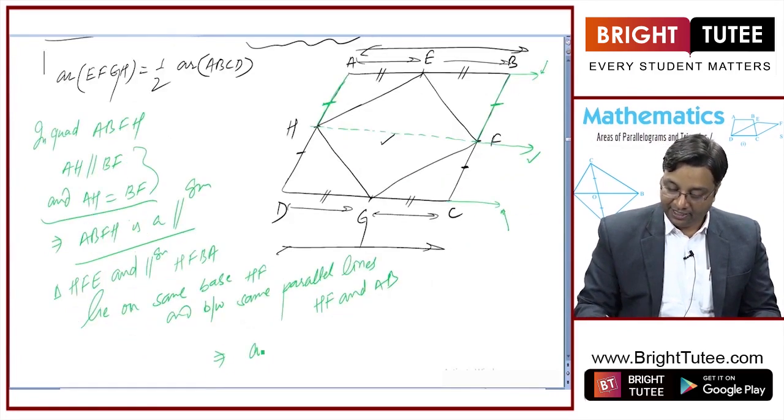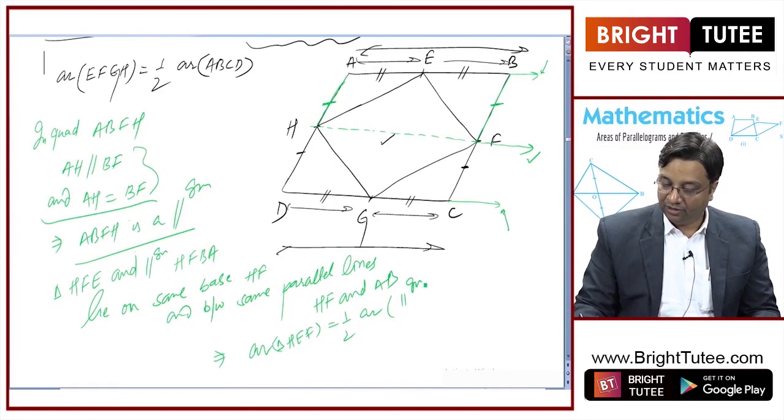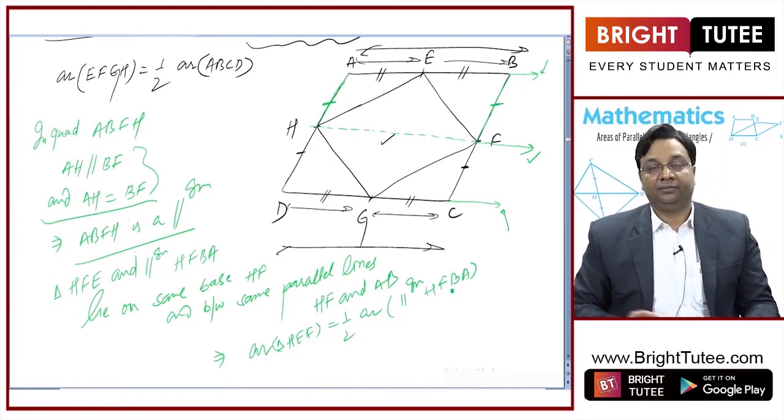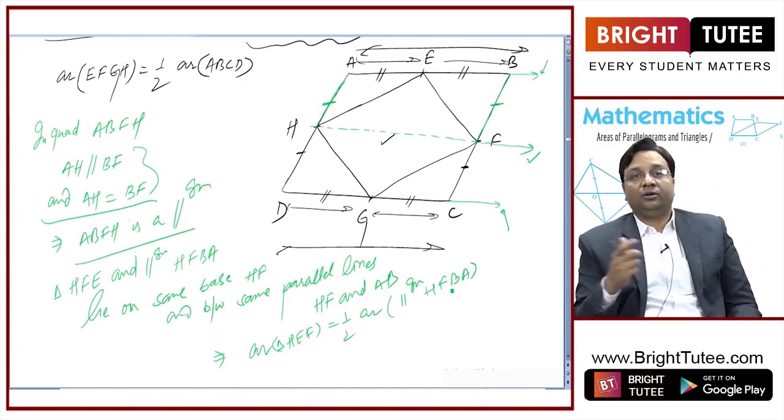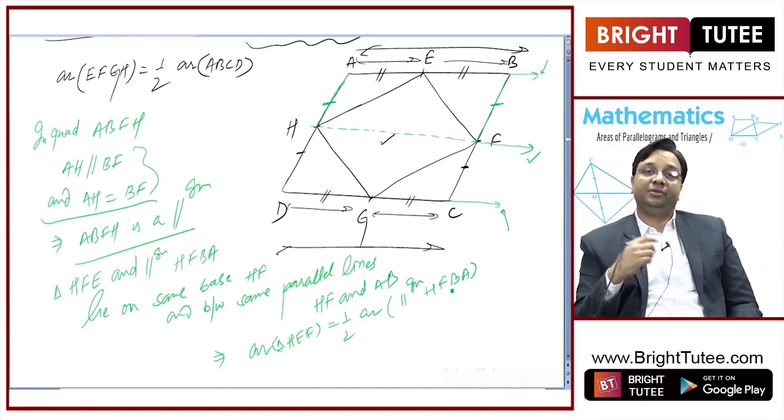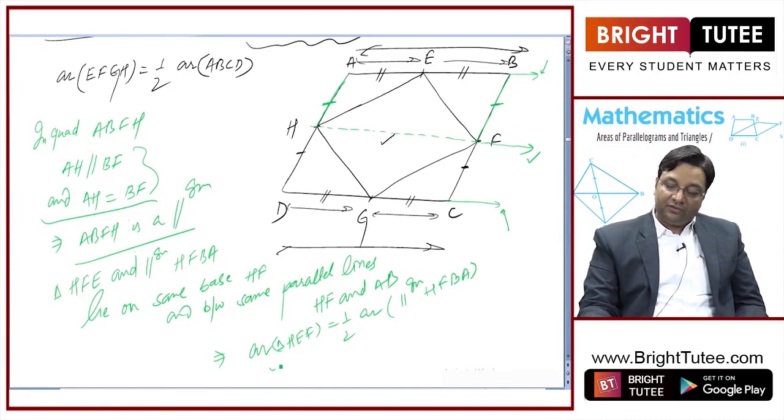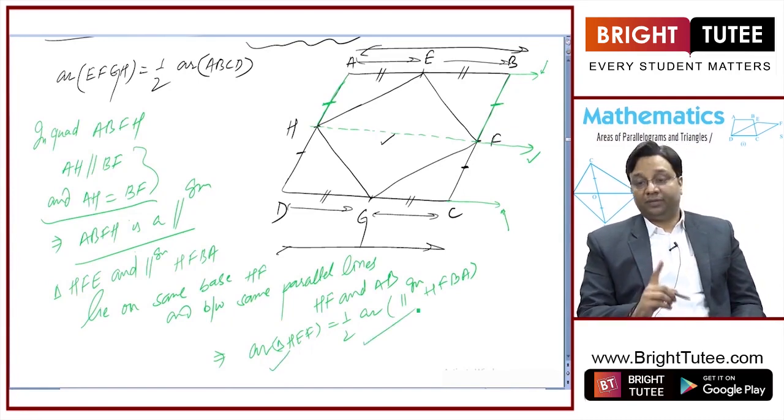Hence, area of triangle HEF will be half of area of parallelogram HFBA, right, because we have got a triangle and a parallelogram which lie on same base and between same parallels. So, area of this triangle will be half of area of the parallelogram.